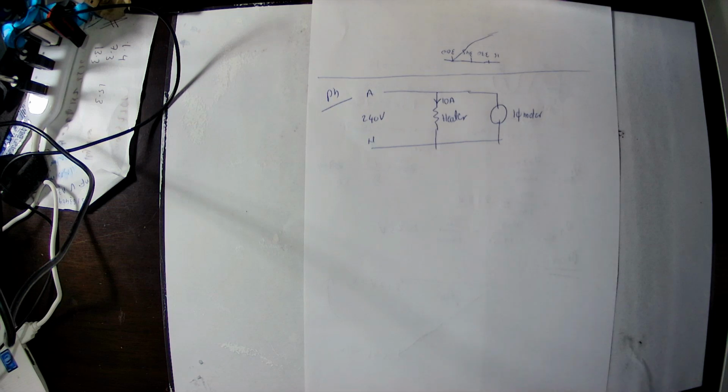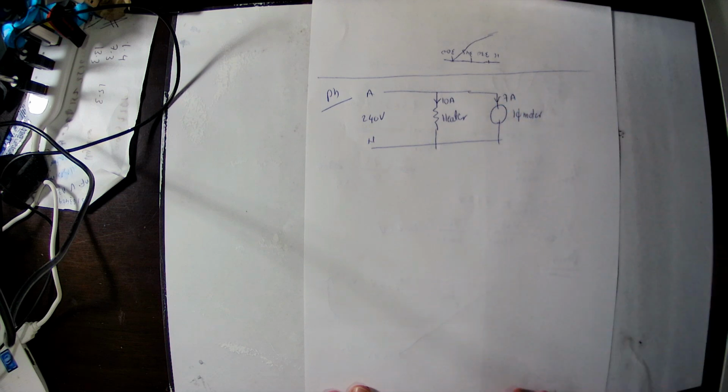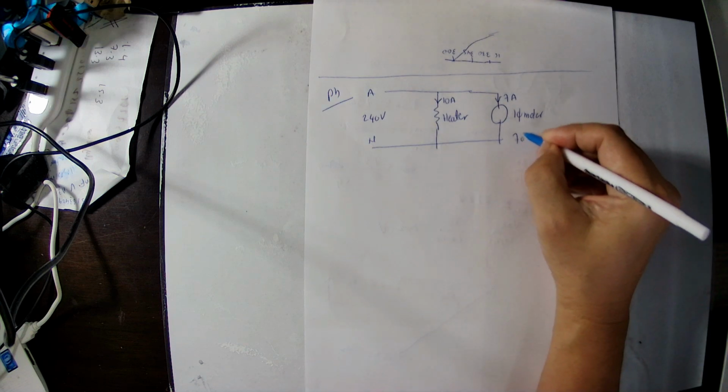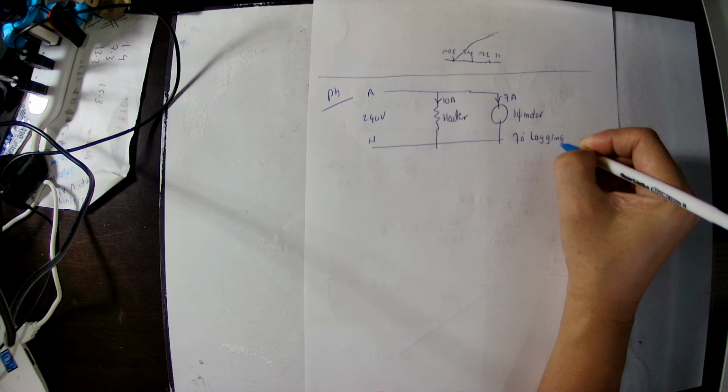The motor draws 7 ampere. The heater has only resistance, therefore the current is in phase with the voltage. But the motor current is 70 degree lagging the voltage.